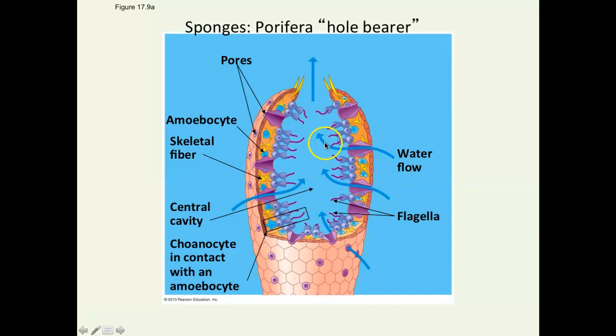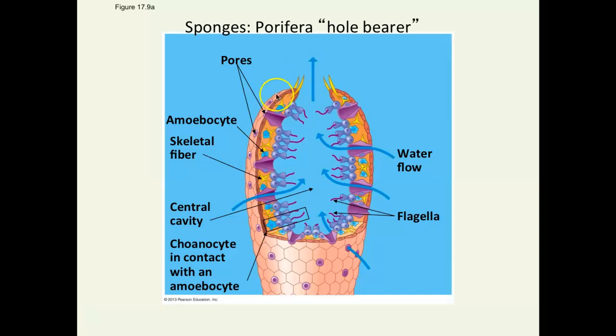And the reason why the water's sucked in is so that the amoebocytes here get a constant flow of the ocean water, and in that ocean water will be a whole bunch of little tiny bacteria and debris from the ocean, and that's what the sponge will eat. So the flagellated cells create a current, the water comes into the central cavity, the amoebocytes will take in the nutrition, and then out goes the water in this top portion of the sponge.